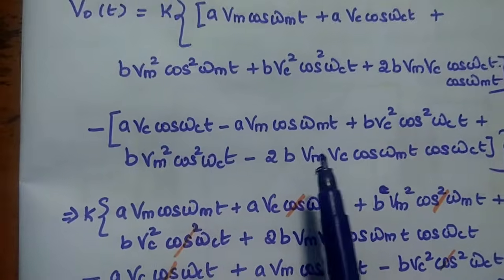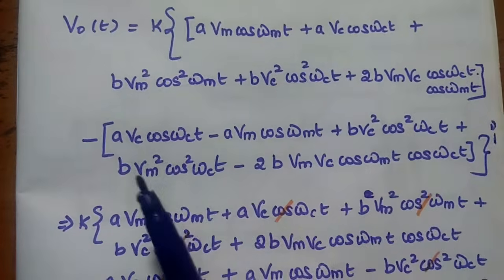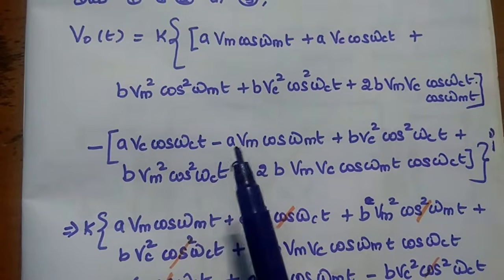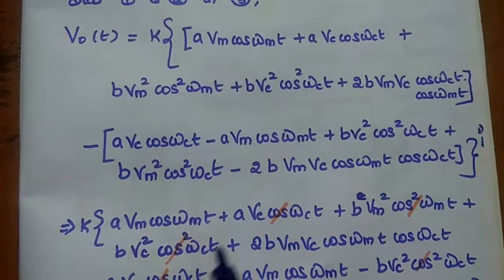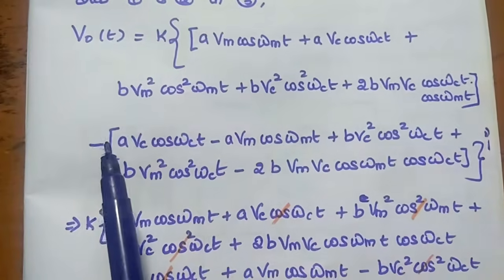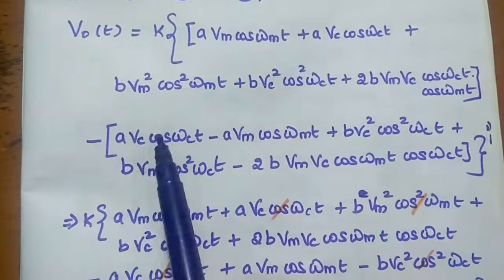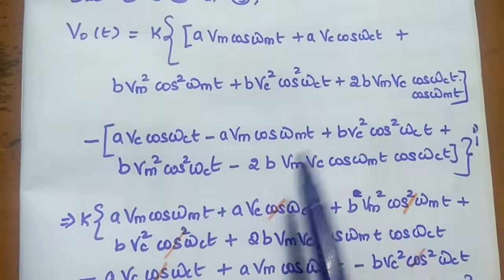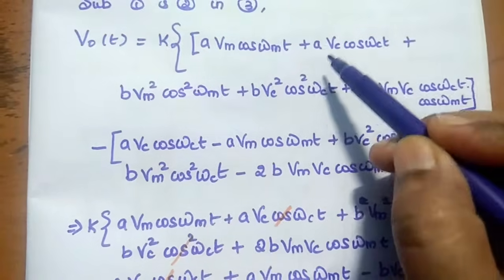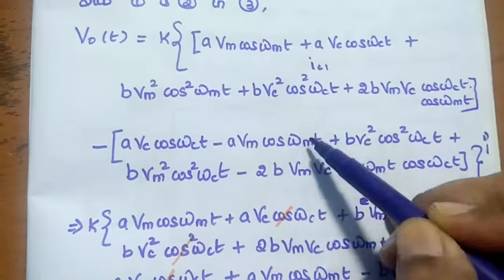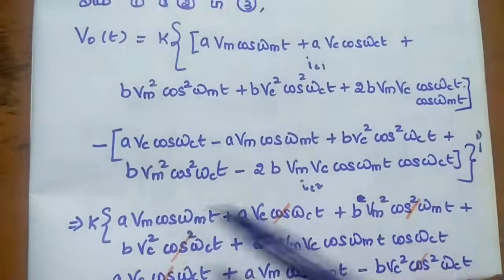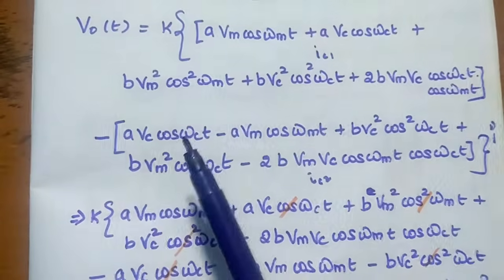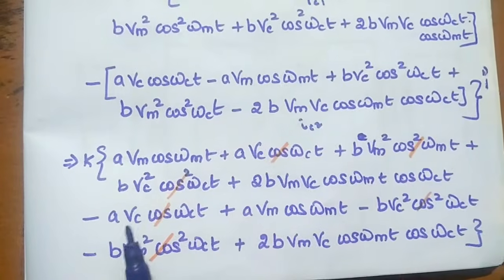So minus, this is the IC2 expression: A into Vc cos omega ct minus A Vm cos omega mt plus, as such. Okay. So then we have to multiply this minus inside to all the terms here for this IC2. So this term is nothing but IC1. This term is nothing but IC2. Okay. So multiply this minus inside this expression, you can get like this.